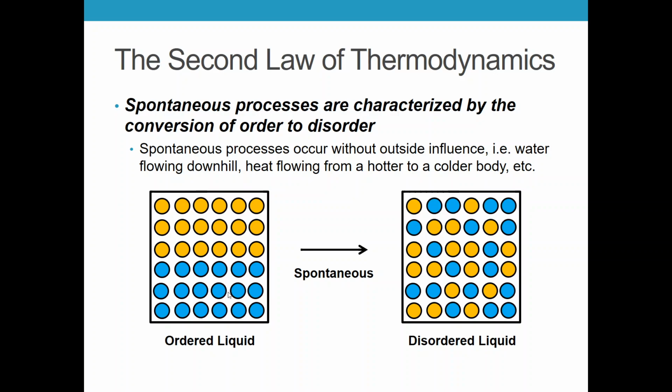In that example, your food coloring is not going to stay as a single layer, and your water is not going to stay ordered like shown here. What's going to happen is, due to Brownian motion, your food coloring is going to diffuse throughout your water, and everything is going to intermingle. It's going to be somewhat disordered. So that is what we mean when we talk about the universe tending towards disorder.